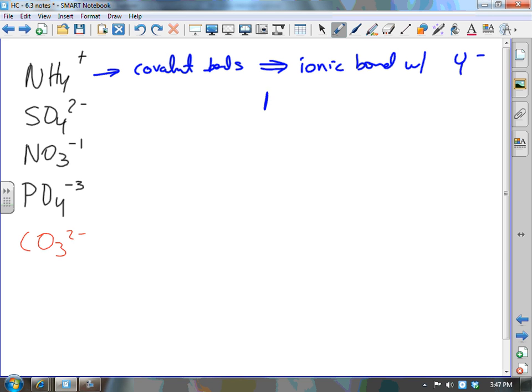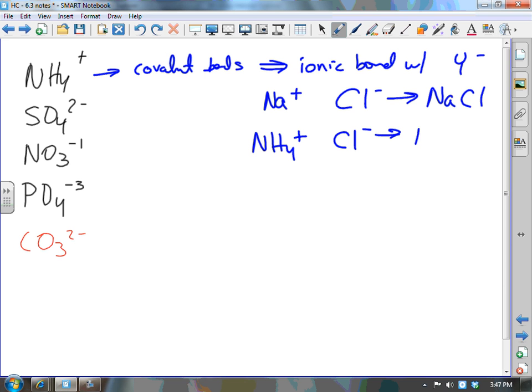So not only could we have Na bond with Cl to make NaCl, we could also have NH4 plus bond with Cl to make NH4Cl. We treat it exactly the same way. The difference is this entire structure has a positive charge.